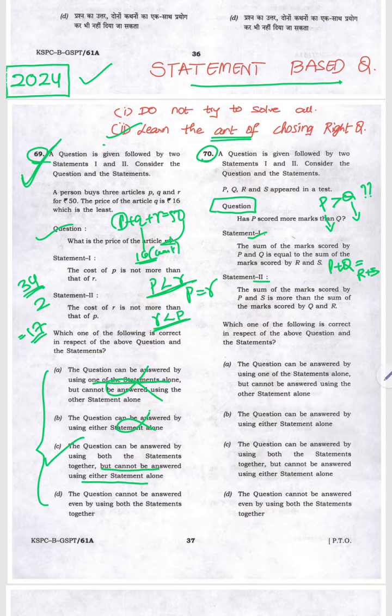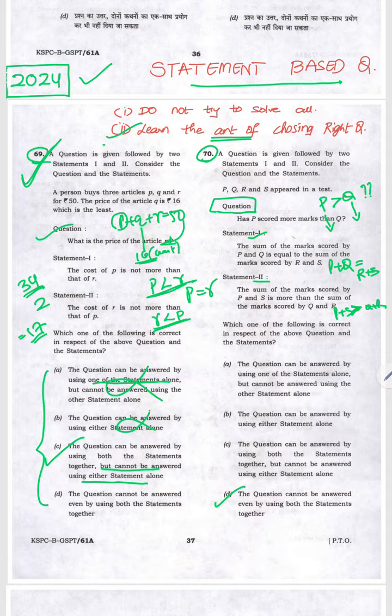Statement 2: the sum of marks scored by P and S is more than the sum of marks scored by Q and R. Here also I cannot know whether P got more or Q got more. I cannot know the individual marks. So this is a very easy question. Directly you can go to the fourth option: the question cannot be answered even by using both the statements together. Got it? So this is how you need to understand how to choose the easiest statement-based questions.